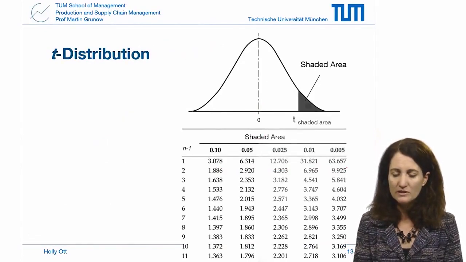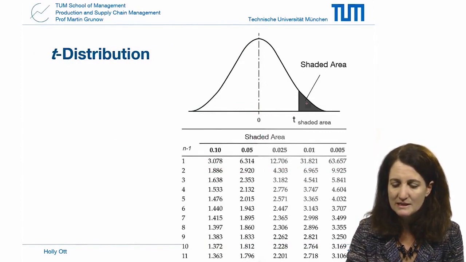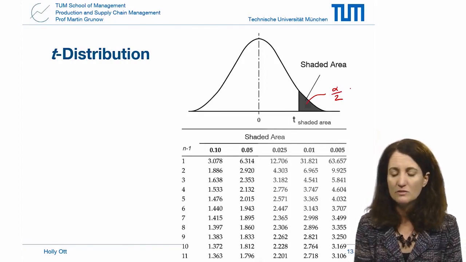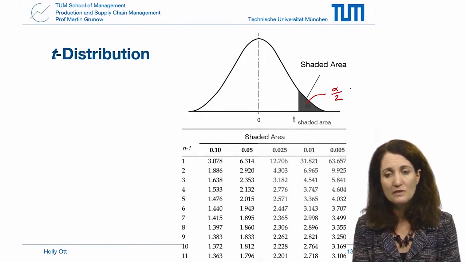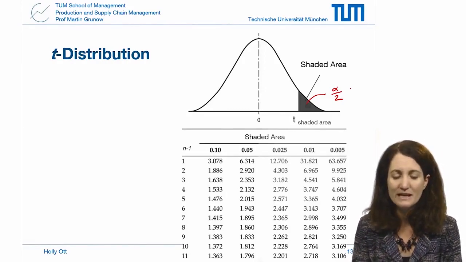So here you see what a typical T distribution table looks like. This area is that alpha over 2 value. When you make a confidence interval, you're looking for the point at which you have alpha over 2 on one side and alpha over 2 on the other, and this is just showing the one side.